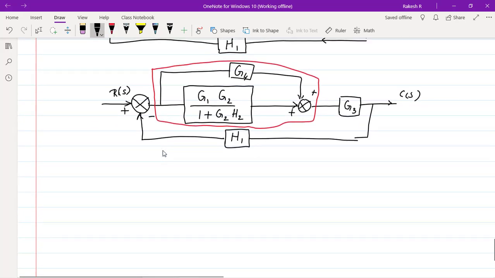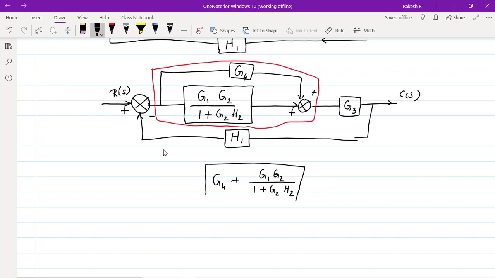When we have blocks in parallel, how can we solve? We need to add up both the blocks here, that is G4 plus G1 G2 divided by 1 plus G2 H2 here. Then we have G3 here, and we have C of S as the output.